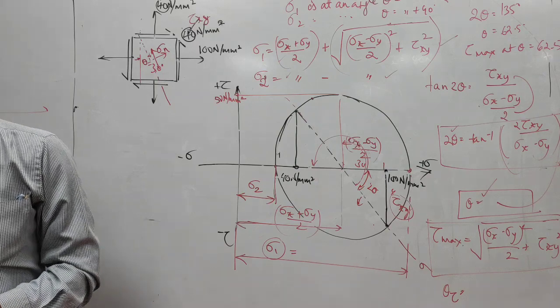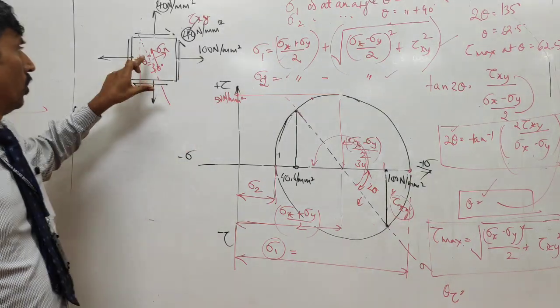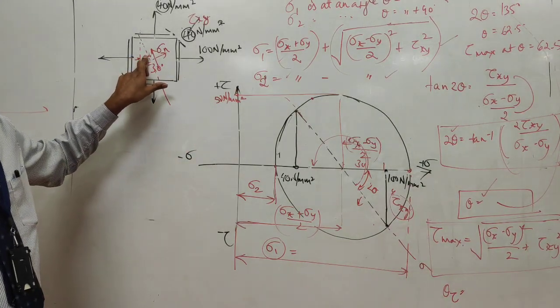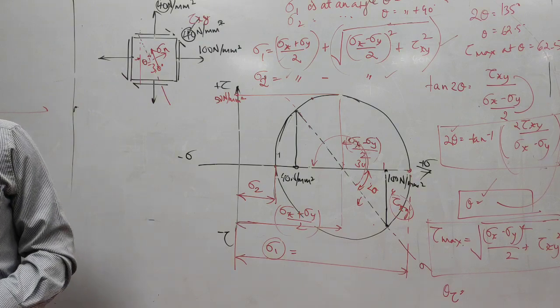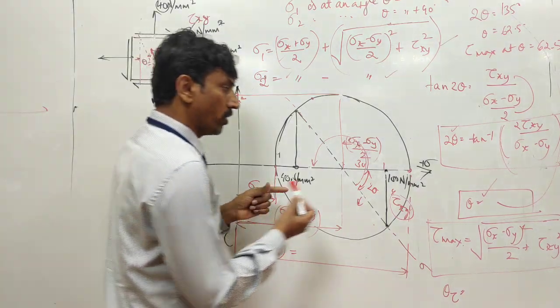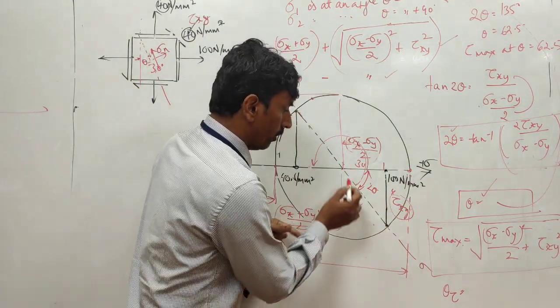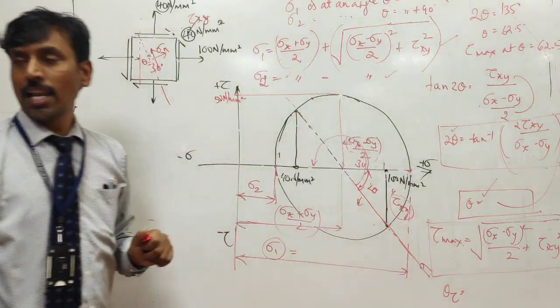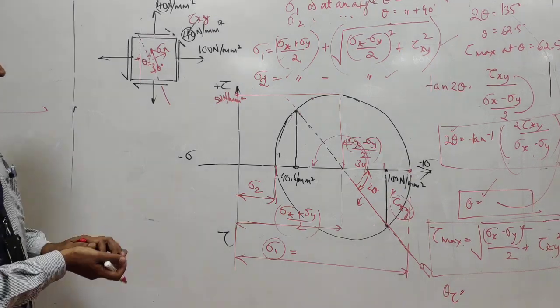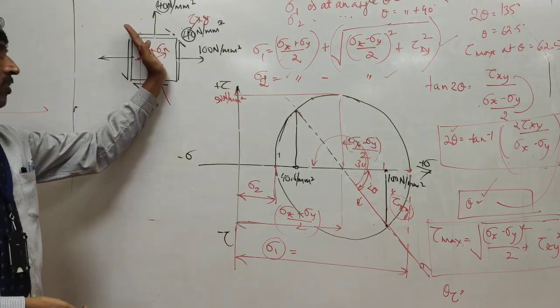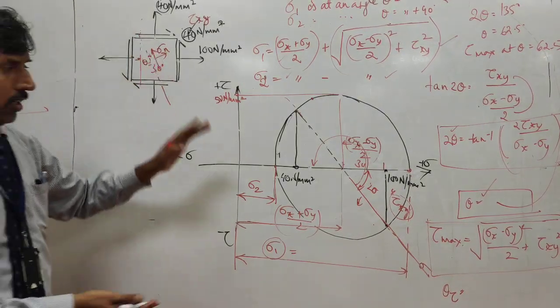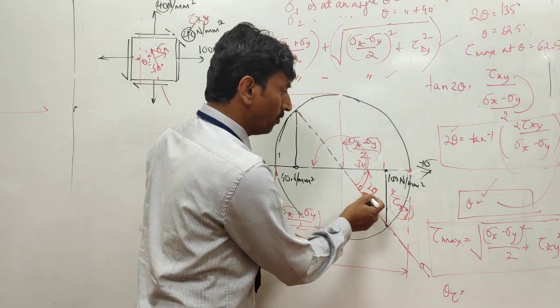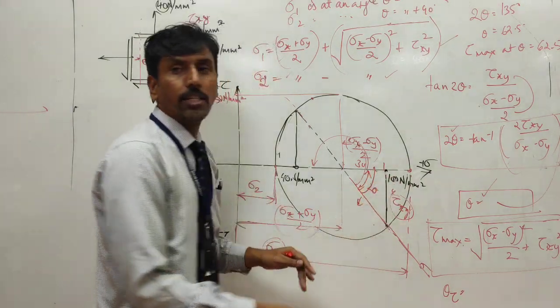For that, suppose it is given as 30 degrees here, then you should not draw 60 degrees from here, because the reference line is now here. Suppose this is inclining by 30 degrees, here you should incline it by 60 degrees.